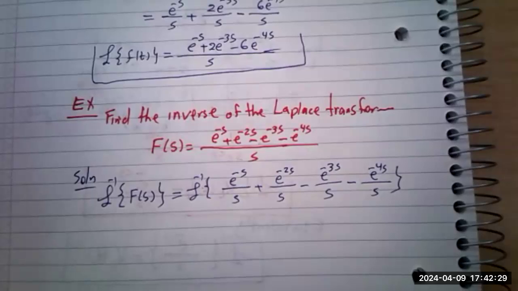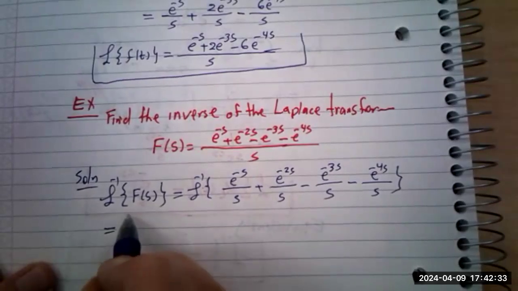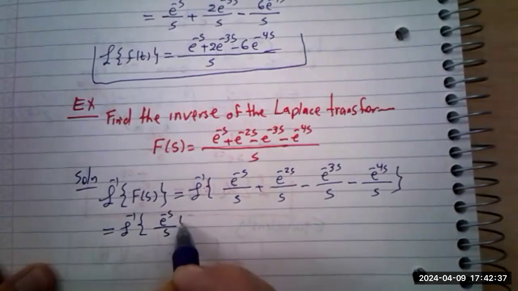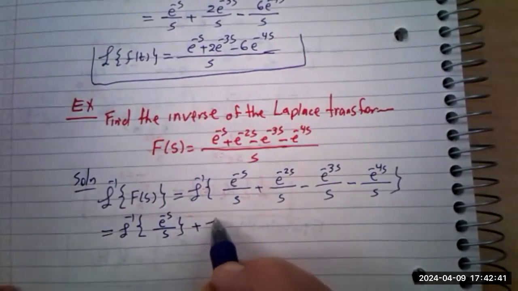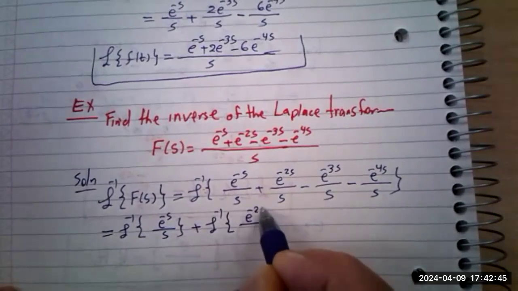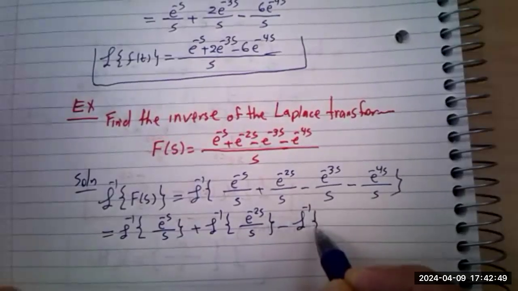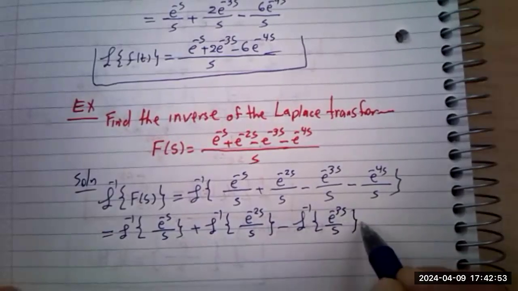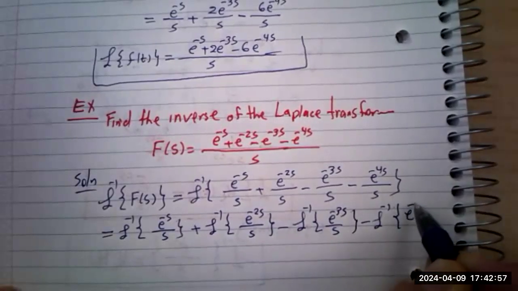You know that the inverse Laplace is linear, so you expand it: the inverse Laplace of e to the negative s over s, plus the inverse Laplace of e to the negative 2s over s, minus the inverse Laplace of e to the negative 3s over s, minus the inverse Laplace of the last one.